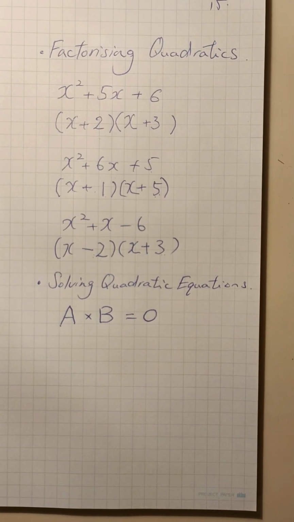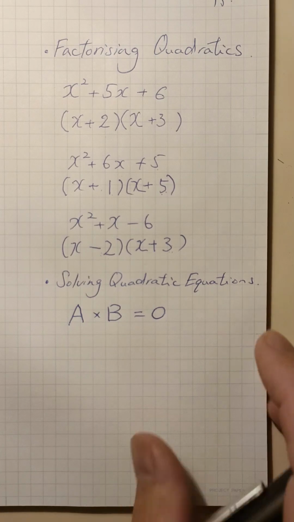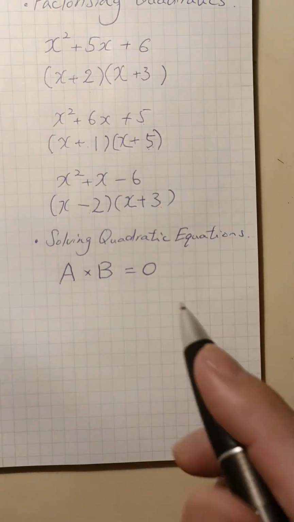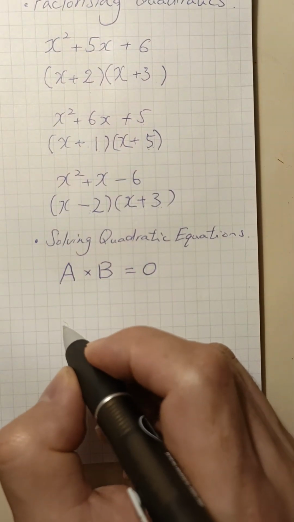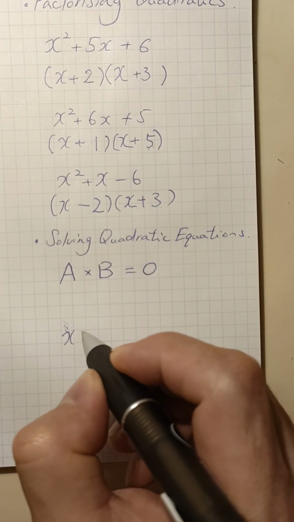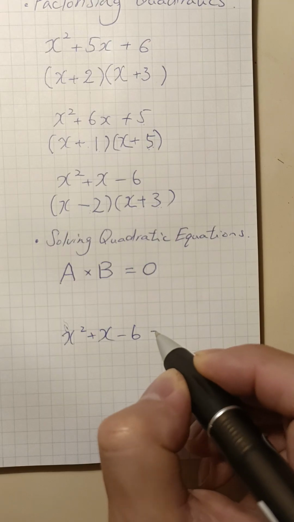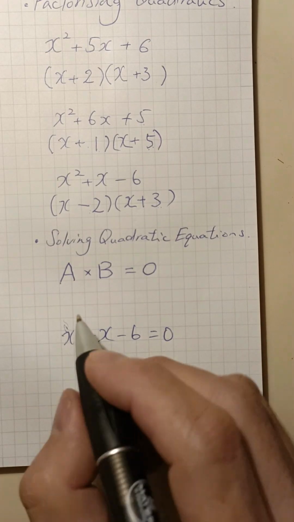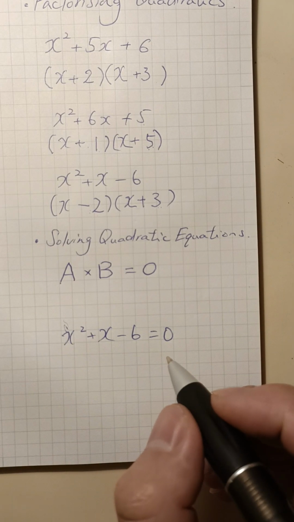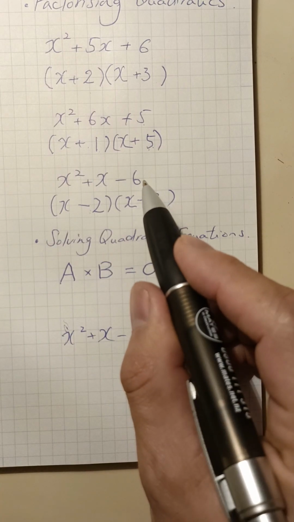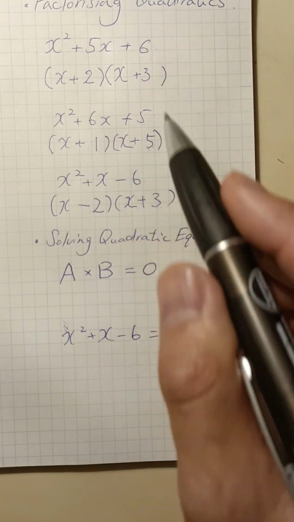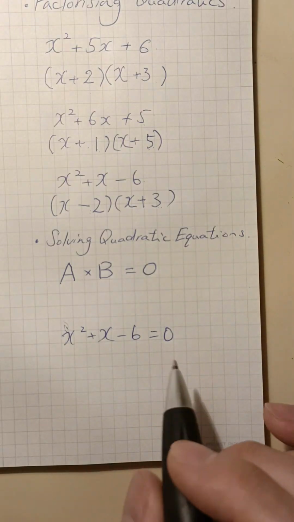Then quadratic equations. A quadratic equation is, for example, this kind of formula here, okay? If you put it equal to 0, that means it is a quadratic equation.